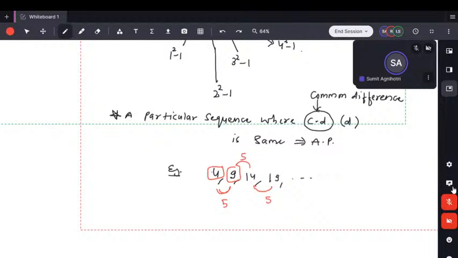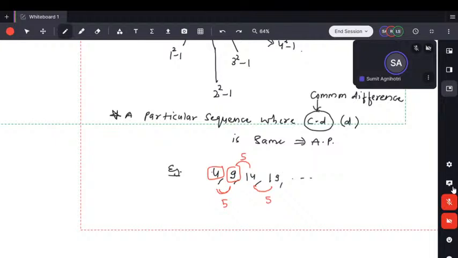Ryan, tell me that. Are you getting the same thing? Here third term is 8. Yes, sir. The ratio is the same. Exactly. And whenever you get same value when you divide the next term with the previous, you call it common ratio. And if common ratio is same, the sequence is called GP.